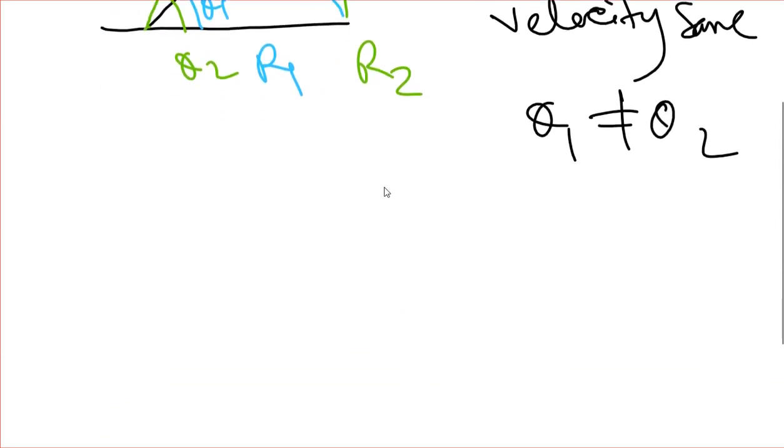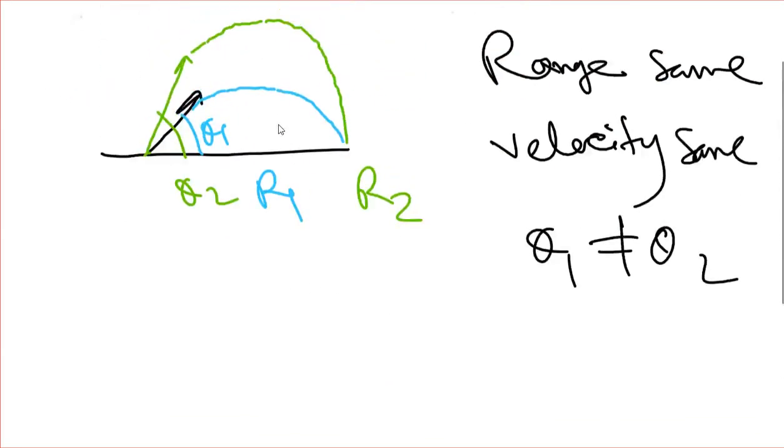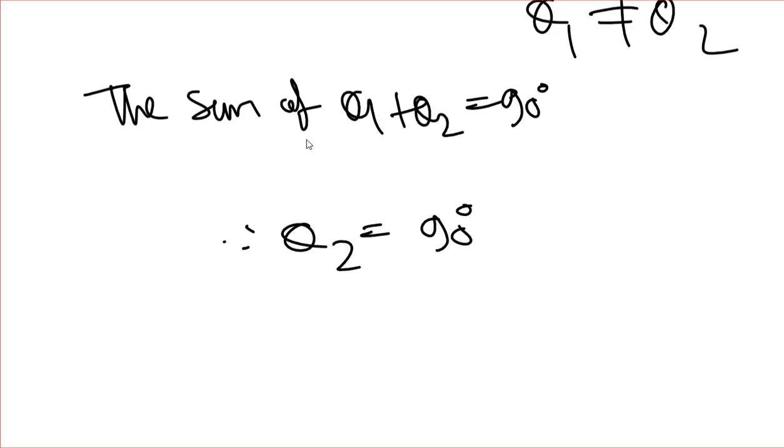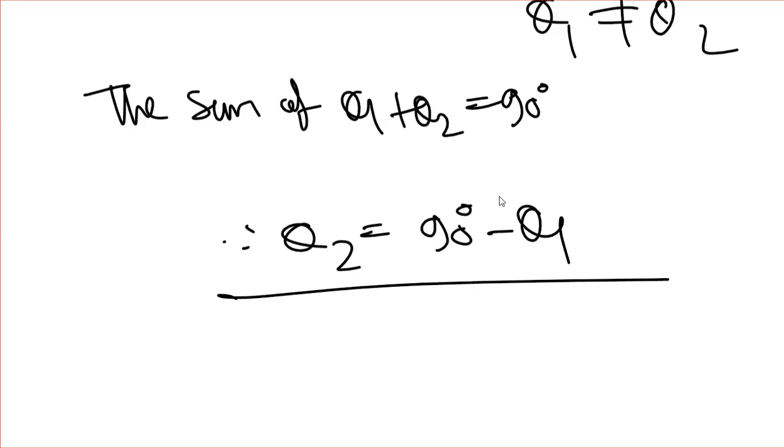In these cases the sum of theta 1 and theta 2 is always 90. So here we can conclude that theta 2 equals 90 degrees minus theta 1.